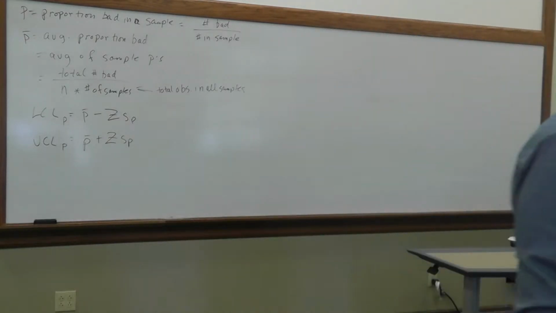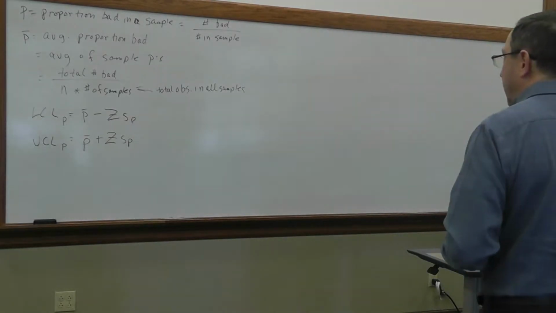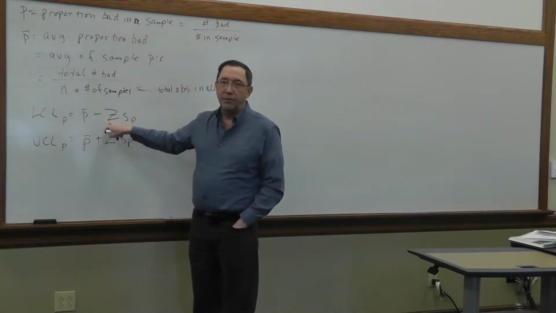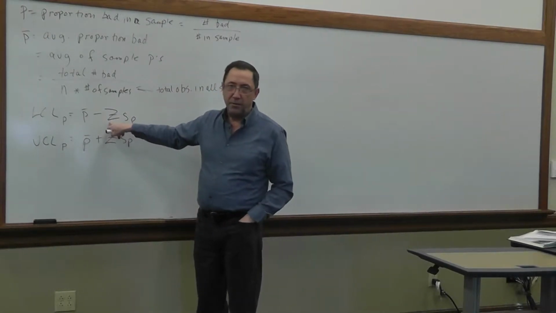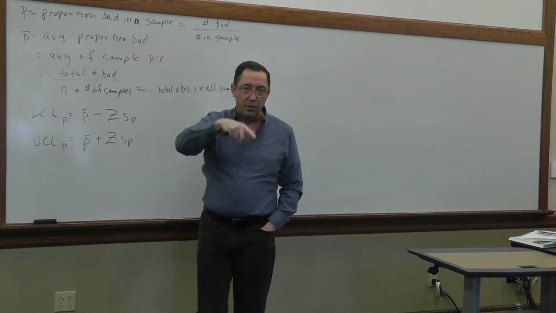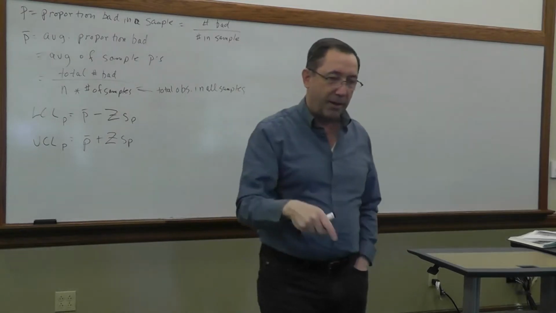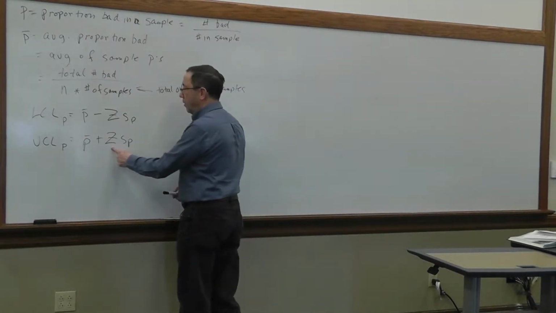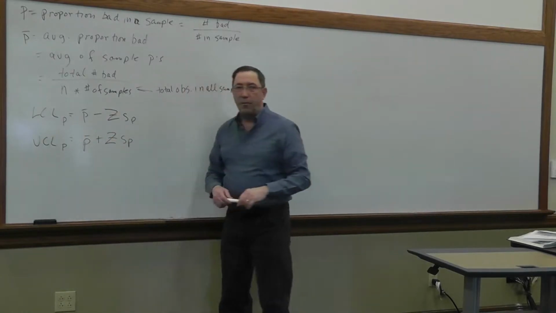Anytime you see capital Z, statistically speaking, Z represents the number of standard deviations away from the mean or the average. So we'll revisit Z charts and pull data out of there, and we'll talk about it again. But Z is how many standard deviations you want the control limit away from the mean.